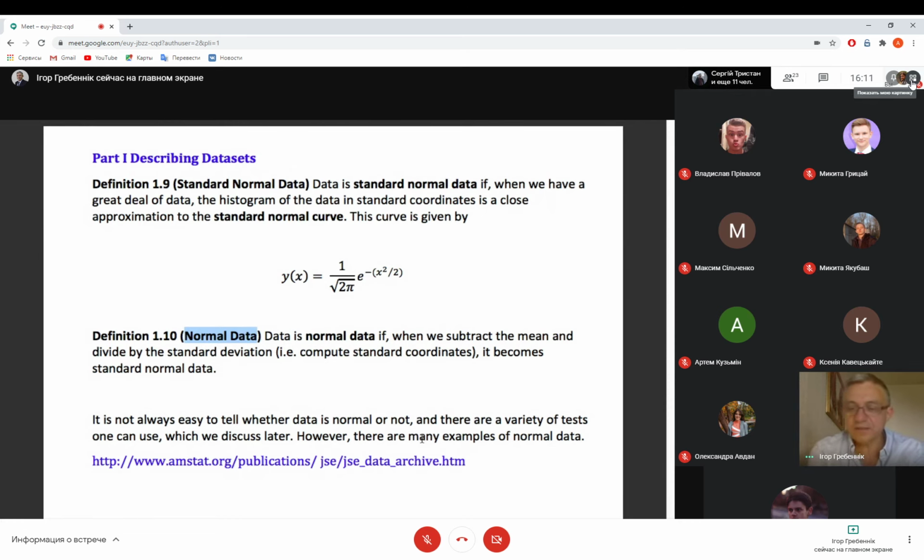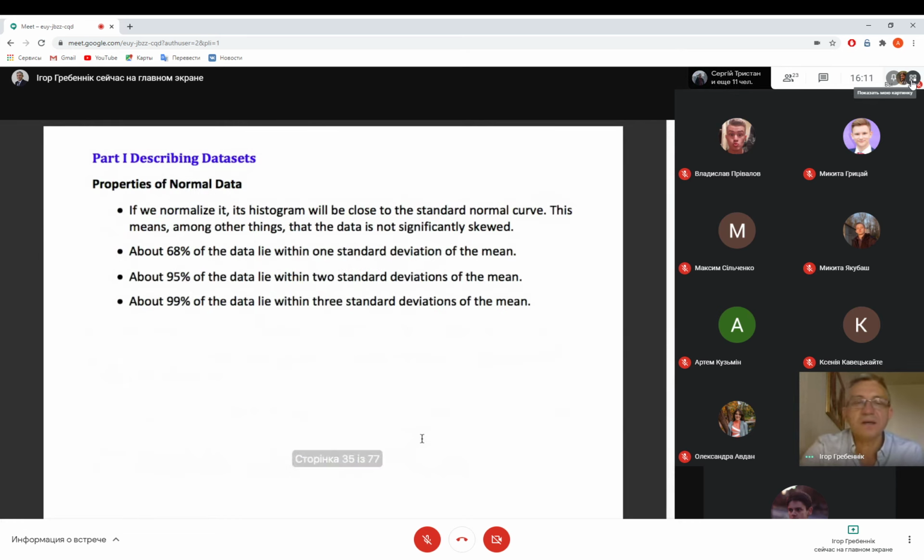And first, just a moment, I should say some words about properties of normal data. After normalization, the histogram of the data set will be close to the standard normal curve. This means, among other things, that the data is not significantly skewed, so the histogram will be symmetric or close to symmetric.